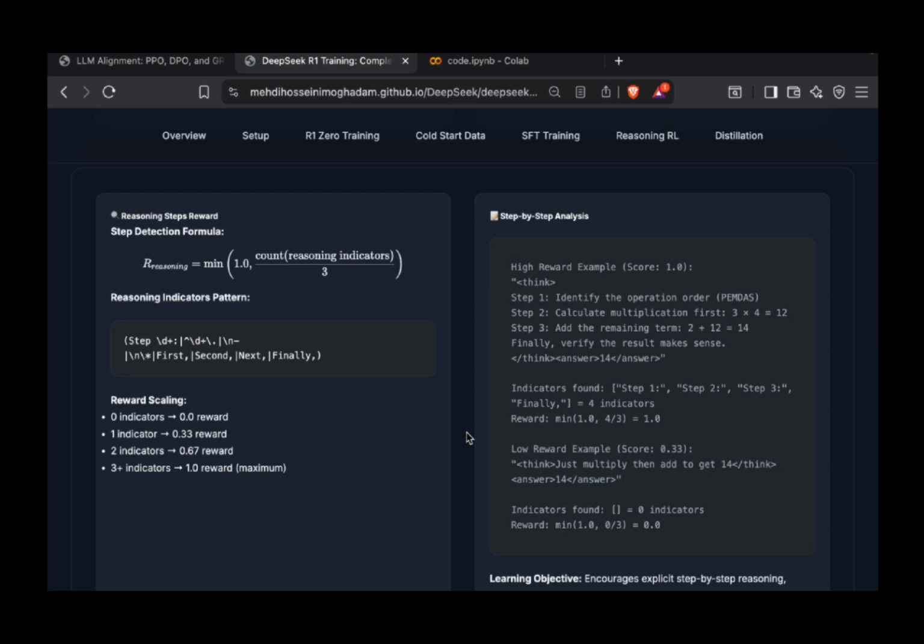For example, we can say, I want at least 3 reasoning steps. The way we can define the reward function for this is we count reasoning indicators, which I'll explain in a minute, and divide them by 3, and then choose the minimum of 1 and the result of this count.